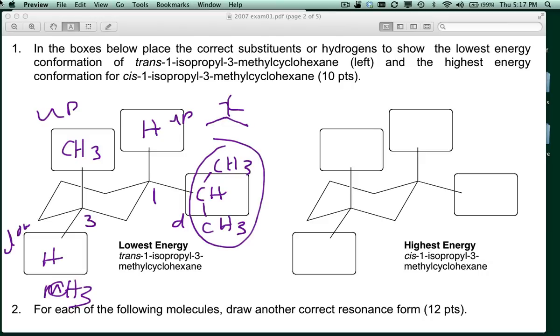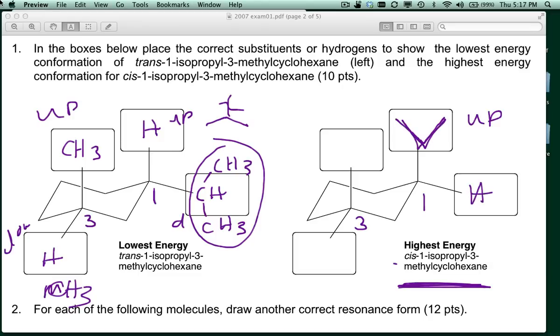And if you can get that, you could think about the highest energy conformation of the cis molecule. Okay, and it's very simple. Cis means they're both on the same side. 1, 3. I can put my isopropyl group in the axial position, up. That's an isopropyl, really.